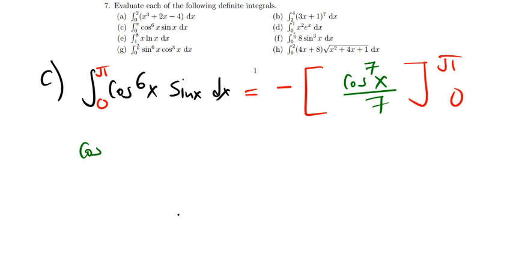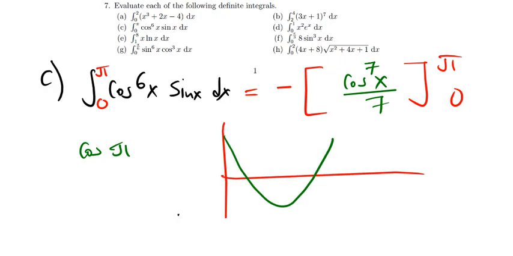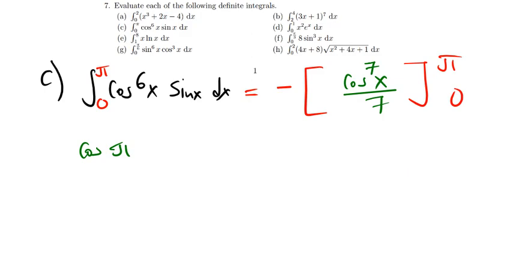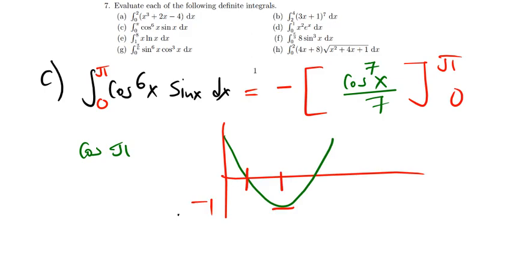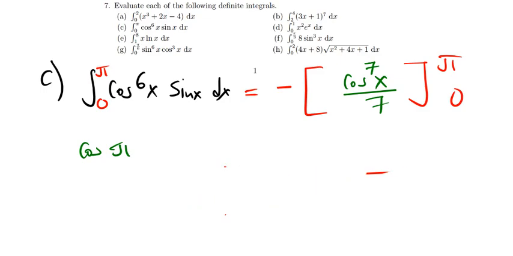I like drawing the graph. The cosine graph starts from the top part, comes like this. So this is at pi over 2, that is at pi. So it's -1 for the cosine. At 0 it's 1. So I have negative.